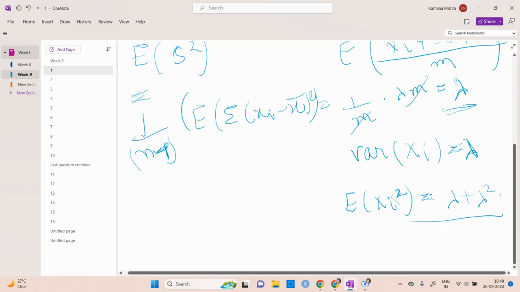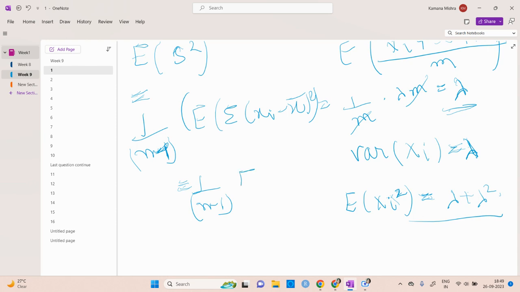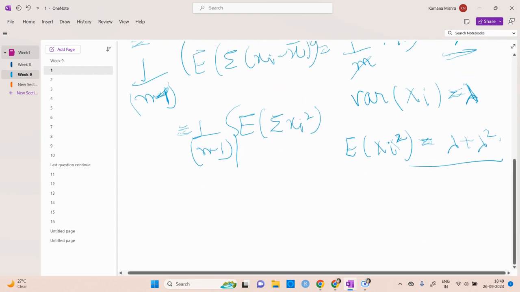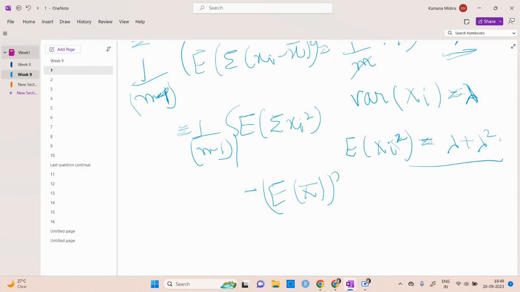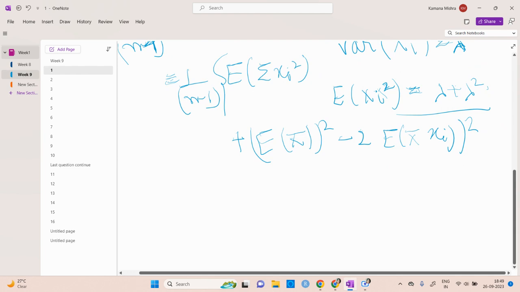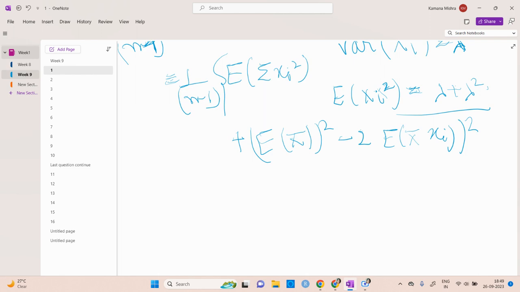Okay, so you can write it as 1 upon n minus 1 expectation of summation xi square, minus expectation of x bar whole square, plus and minus 2 expectation of x bar xi. So expectation of xi will also be equal to x bar, and then this and this will be cancelled out.